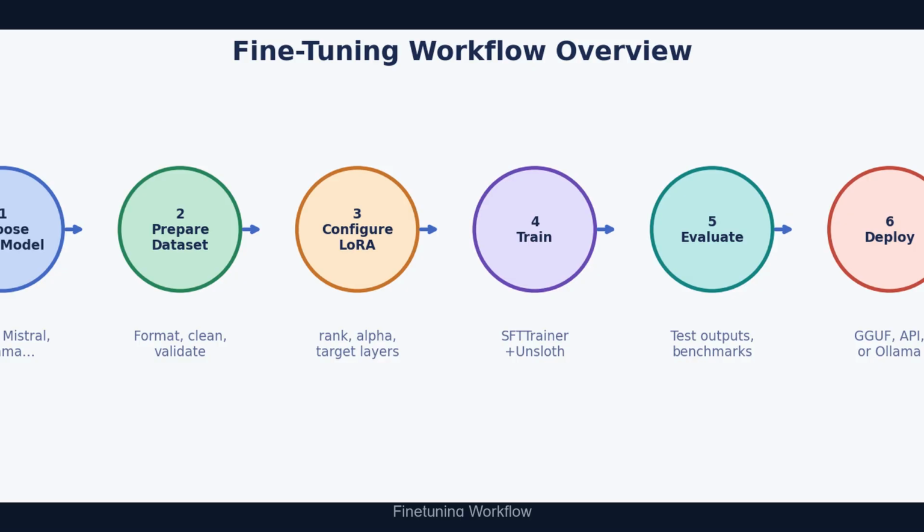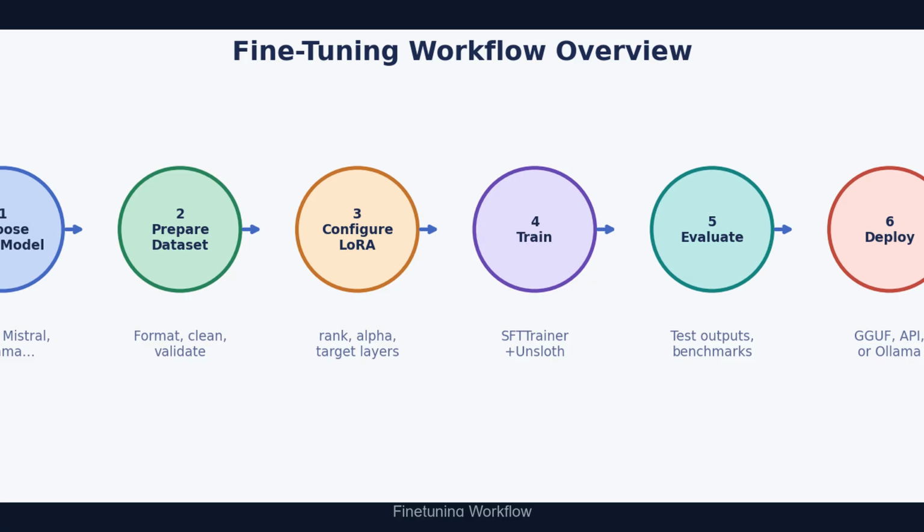Fourth, run training using the SFT trainer from Hugging Face combined with the Unsloth library for efficiency. Fifth, evaluate: test outputs, run benchmarks, and verify the model actually learned what you intended. Sixth, deploy: export to GGUF format, serve via API, or run locally with Ollama.